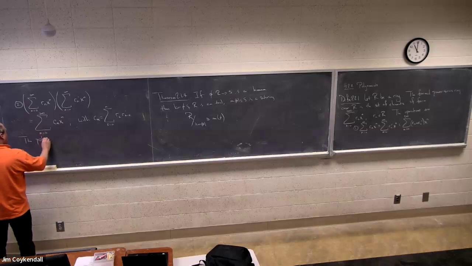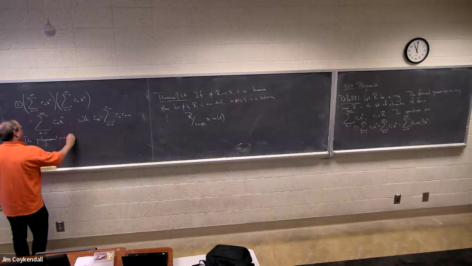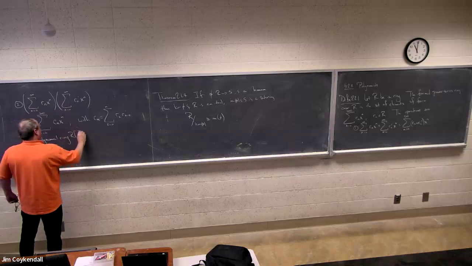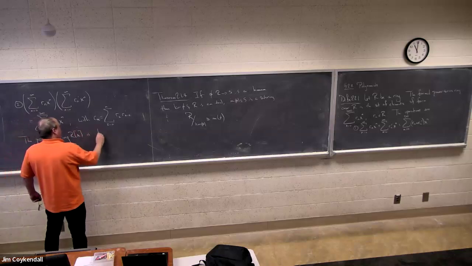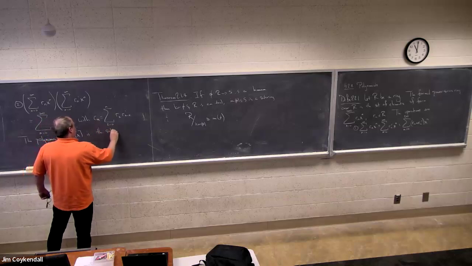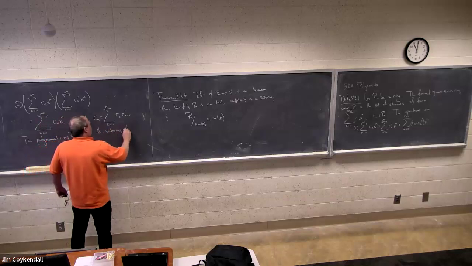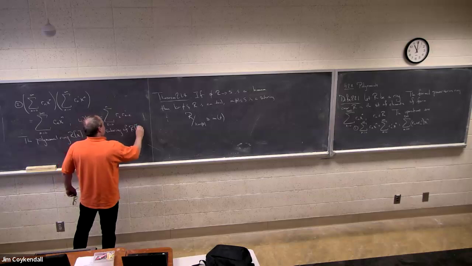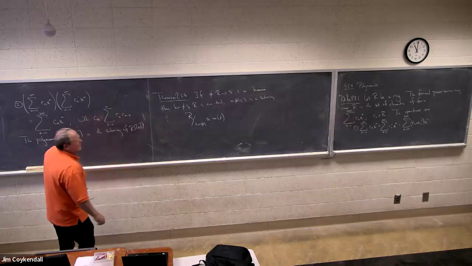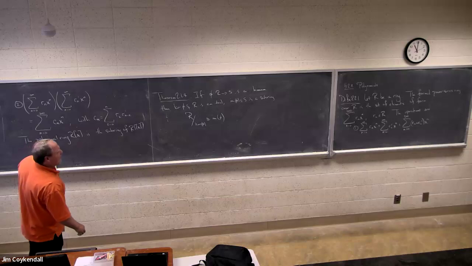The polynomial ring R[x] is the subring of R[[x]] consisting of finite sums.